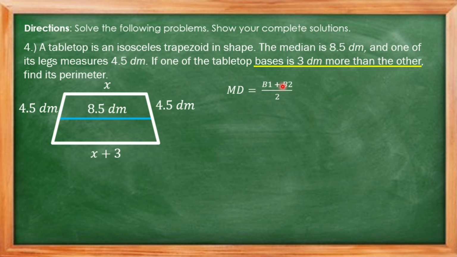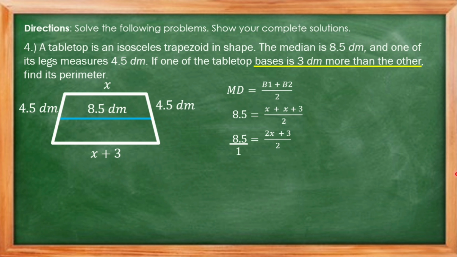Base 1 plus base 2 divided by 2. So, isa-substitute lang natin uli yung mga given dito. So, ang median natin is 8.5 is equals to yung base 1 natin is x, yung base 2 natin is x plus 3, then divided by 2. Okay, so simplify lang natin to. So, bring down muna natin si 8.5, then x plus x is equals to 2x, then 3 divided by 2.